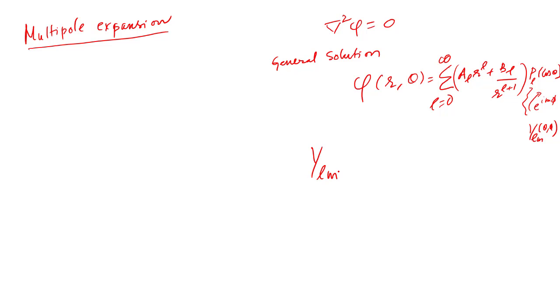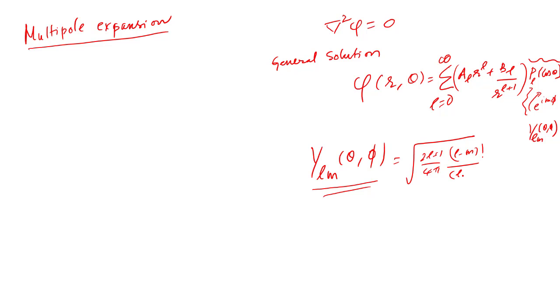So if you have phi dependence, azimuthal dependence, instead of Legendre polynomials, you would have Y_lm theta phi, which would be some constant, L minus m factorial by L plus m factorial, P_L^m of cosine theta, e to the power i m phi.